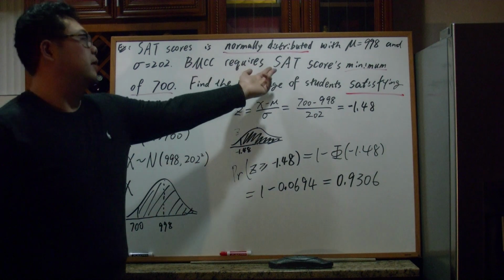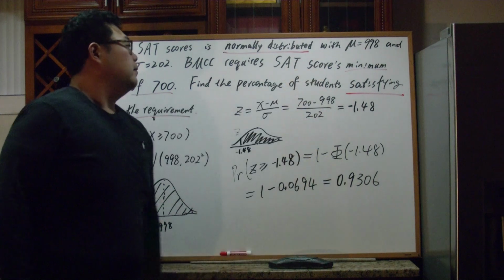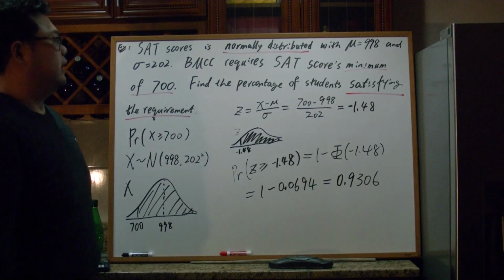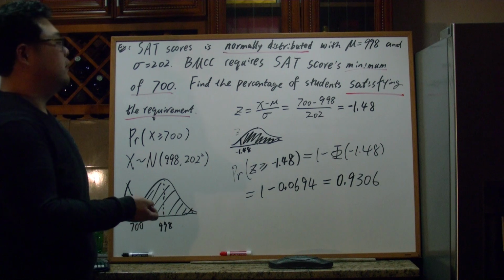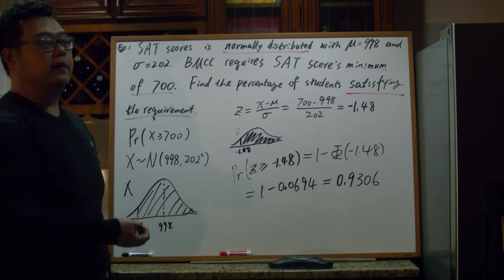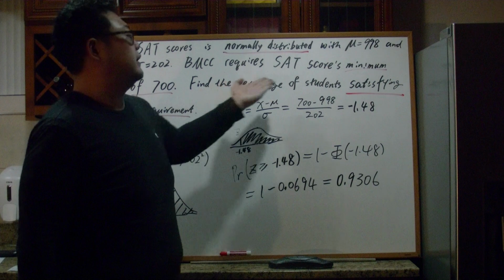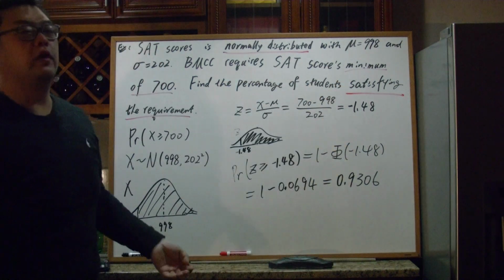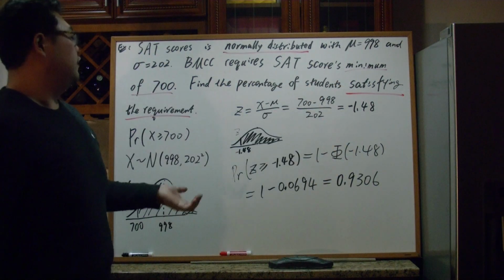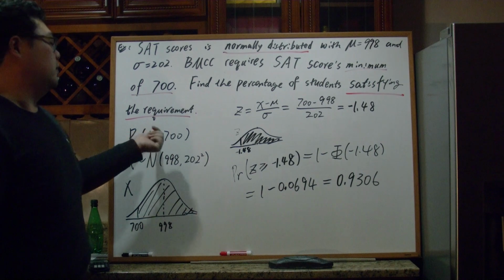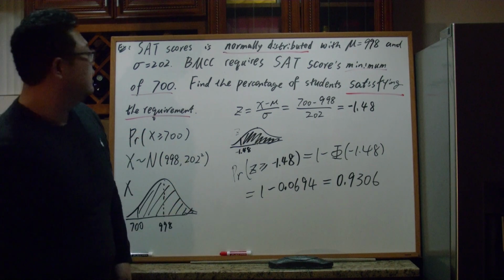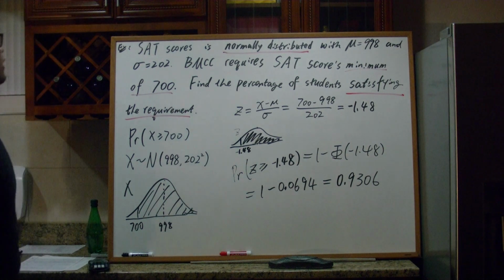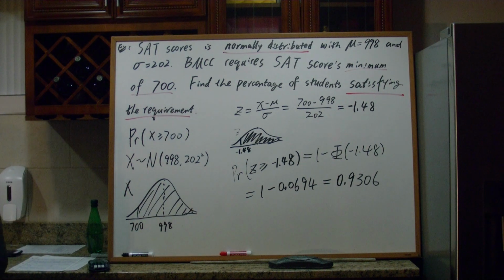Say the minimum requirement is also 700, and it asks for the percentage satisfying the requirement, or maybe the percentage of students not satisfying the requirement. That is asking for something similar but opposite. If the score is less than 700, that will not satisfy the requirement.